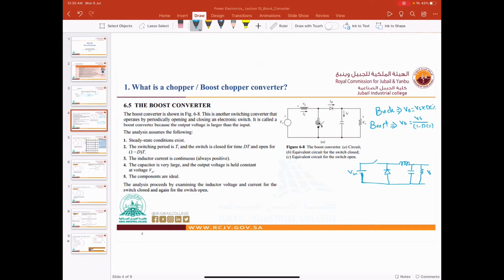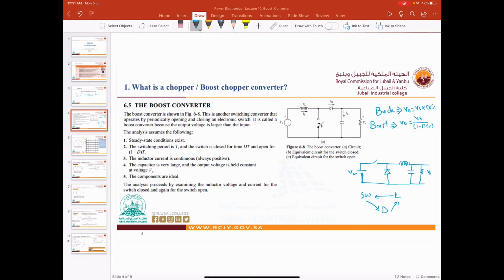The switch is here. So we can say, if you understand the buck, شباب, we can just do like this. The inductor, you will take it in place of the switch. The switch, you will take it in place of the diode. The diode will take the place of the inductor.